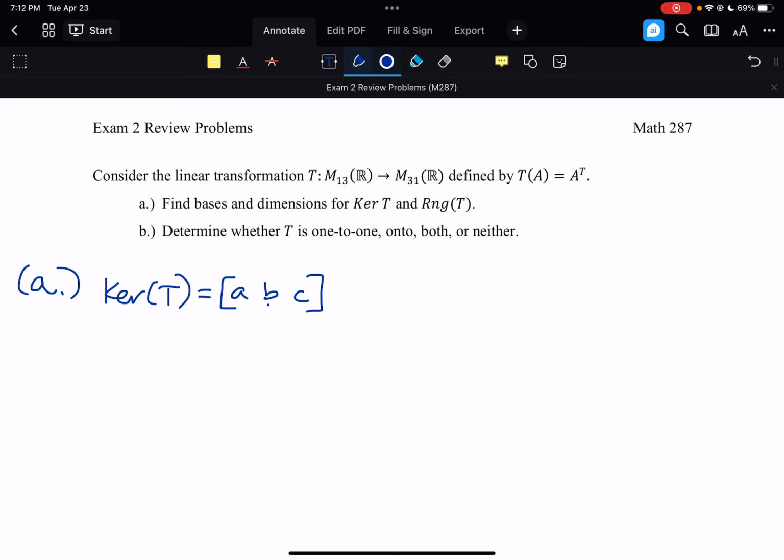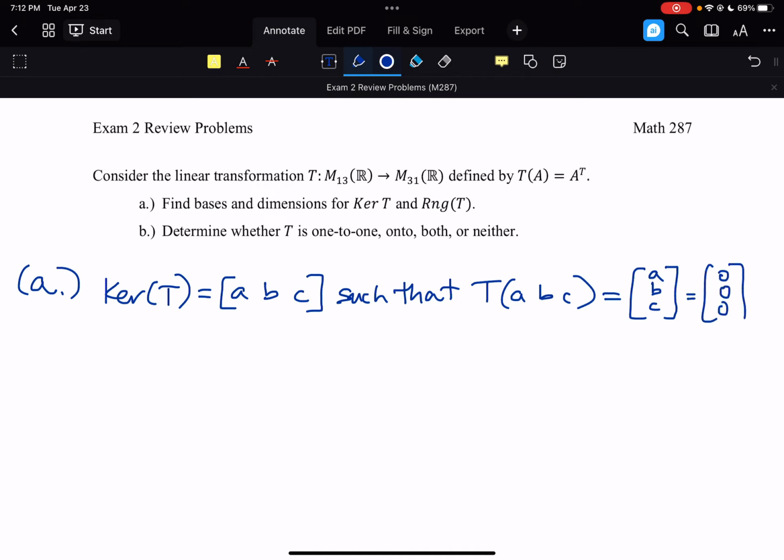The kernel is the set of all 1x3 matrices such that the transformation of that 1x3 is the 0 vector. So that would be A, B, C, like that. That's a 3x1. That would have to be the 0 vector, or the 0 matrix.